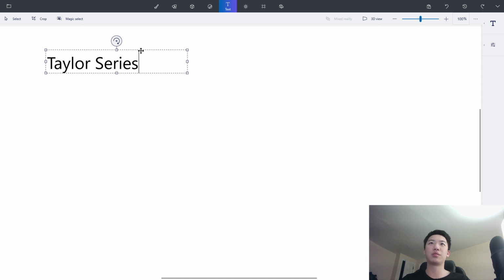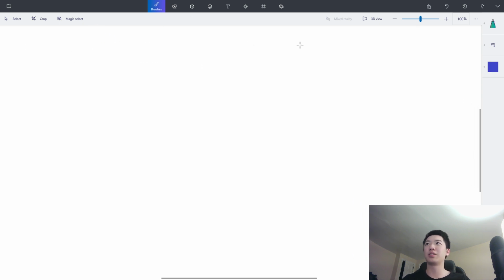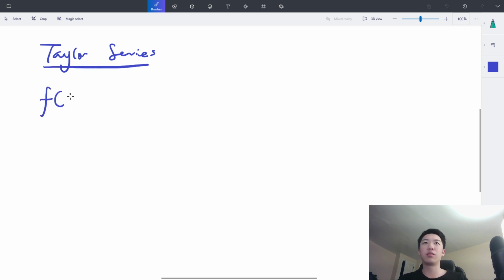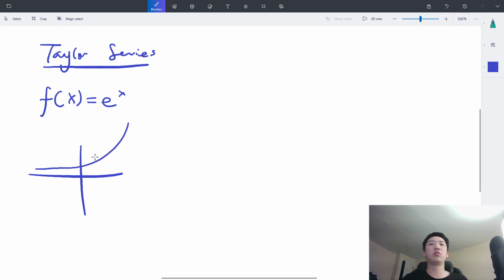I'm kind of tired of writing out everything. Okay, I guess I have to write it. Taylor series, not to be confused with Taylor Swift, are a way of approximating a function. Let's say you had f of x equals e to the x, and then this function kind of looks like this, and you wanted to approximate it using a polynomial, which is kind of faster to calculate.